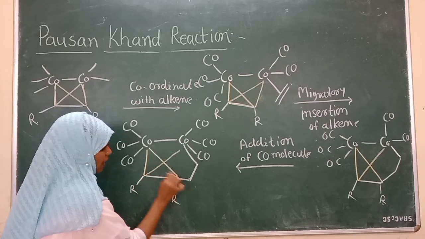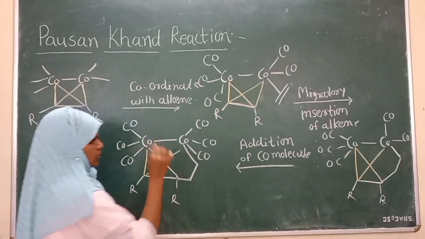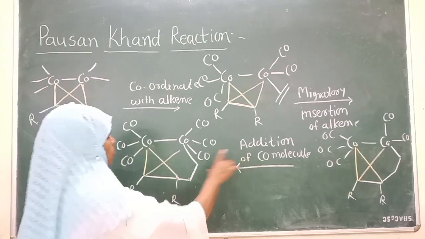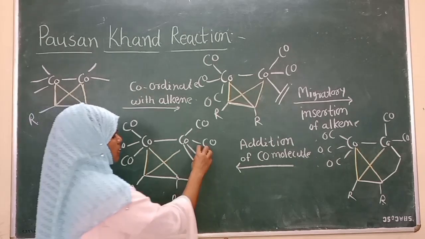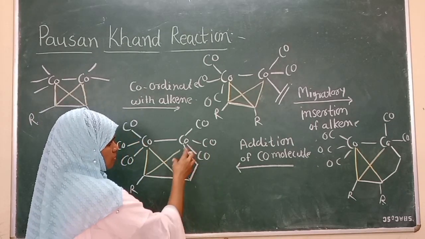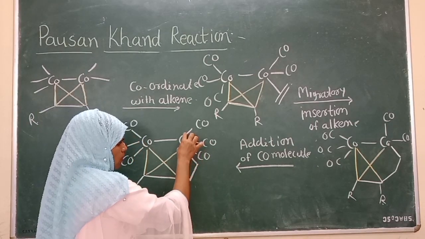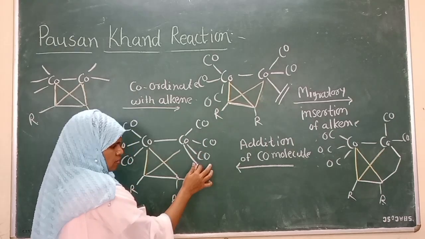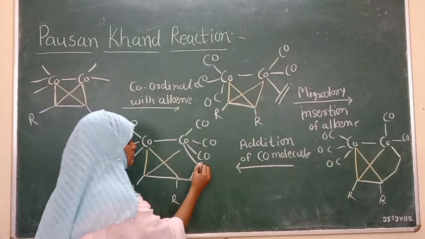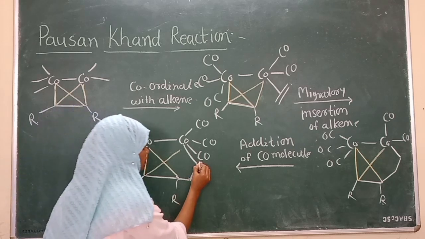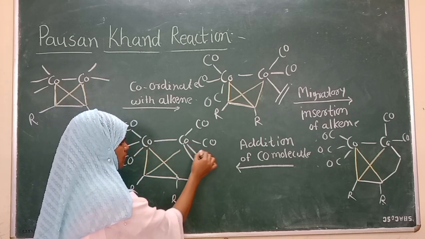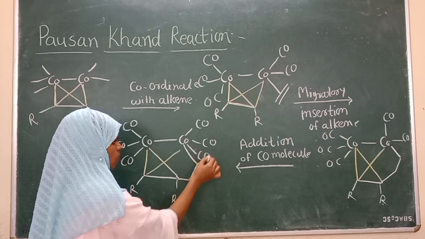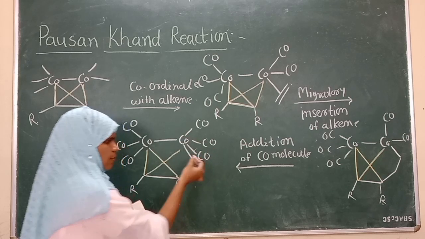This is our alkyne moiety, this is our alkene moiety. After the addition of one carbonyl molecule, migratory insertion takes place. You know that migratory insertion means this carbonyl group is added between cobalt and this alkene carbon. Here, migratory insertion of one CO molecule in between cobalt and this carbon.